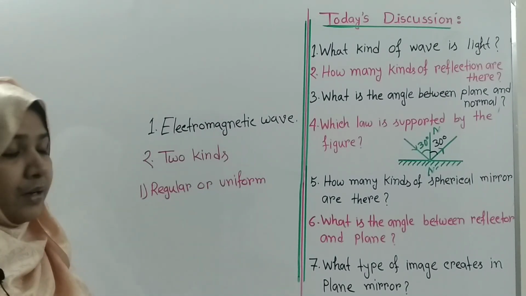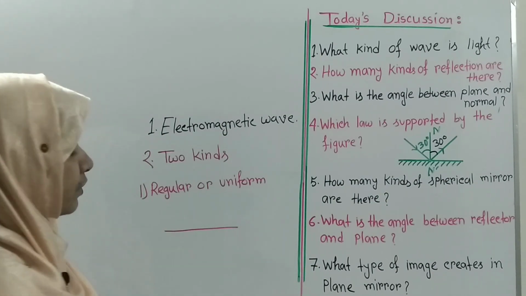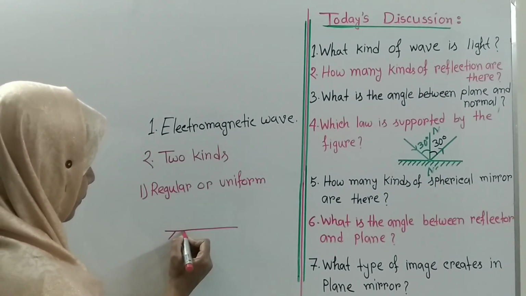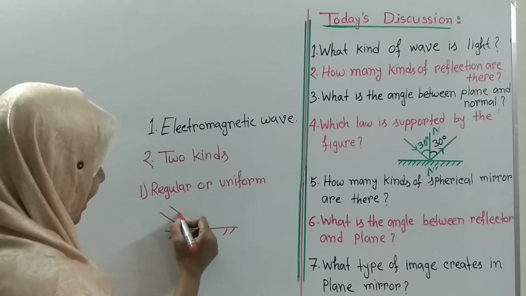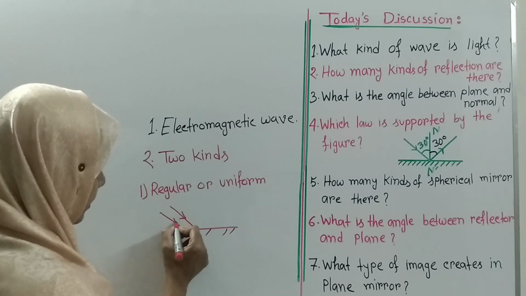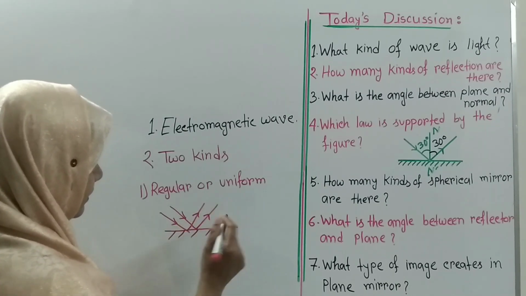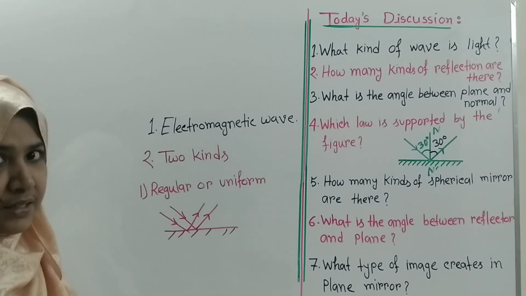Actually, when light rays incident parallelly on a smooth surface and after reflection they remain parallel, then this type of reflection is called regular or uniform reflection.